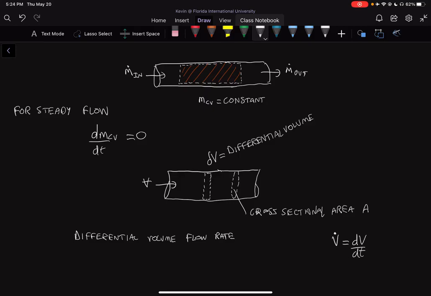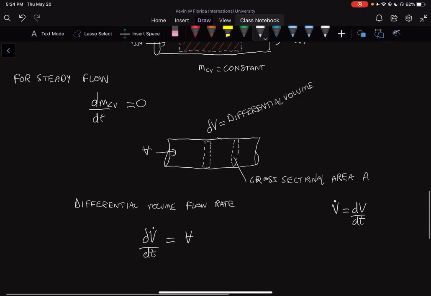Okay, so differential volume flow rate would just be equal to dV over dt is equal to velocity multiplied by the area. So if we know the velocity and we know that the differential volume passes through an area, it gives us our differential volume flow rate.